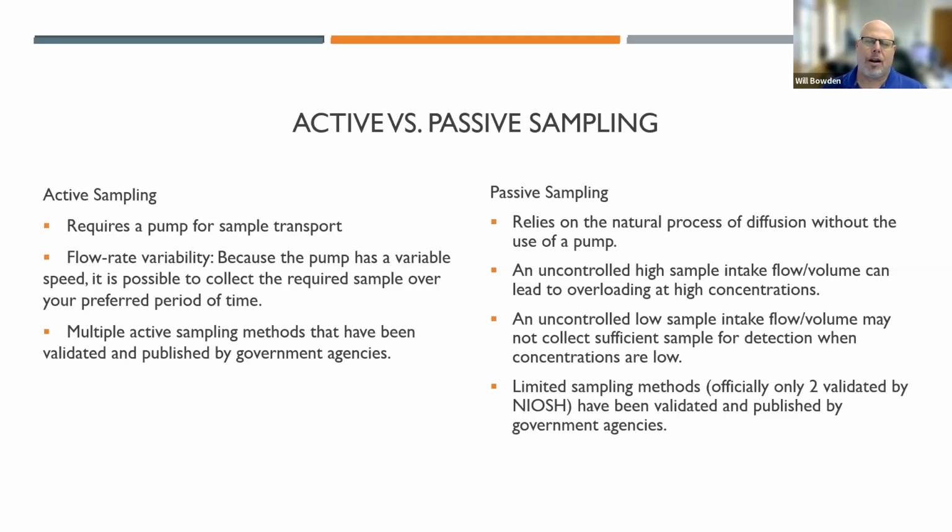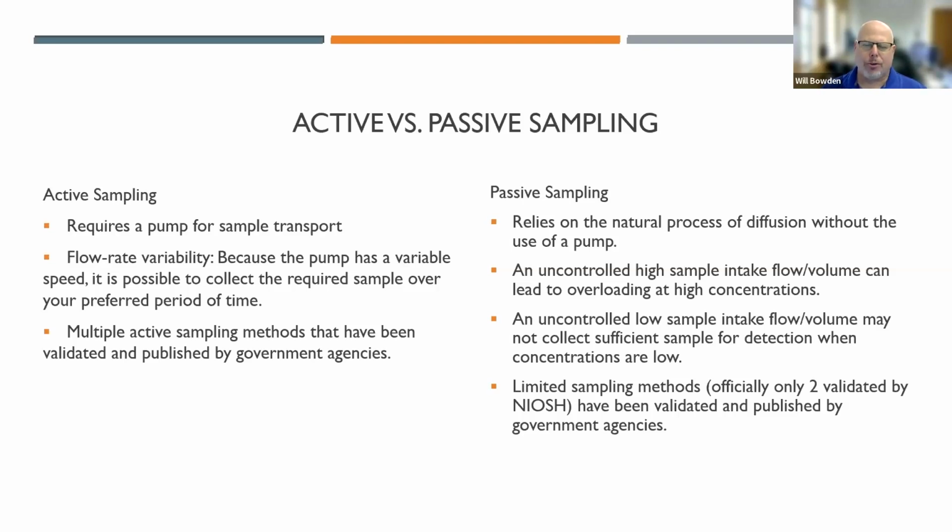With that, we have flow rate variability because the pump has a variable speed. It's possible to collect the required sample over a preferred period of time. Again, depending on the application that you have, continuous monitoring or trigger mode, et cetera, each instrument can be set up for the requirements that each facility has.